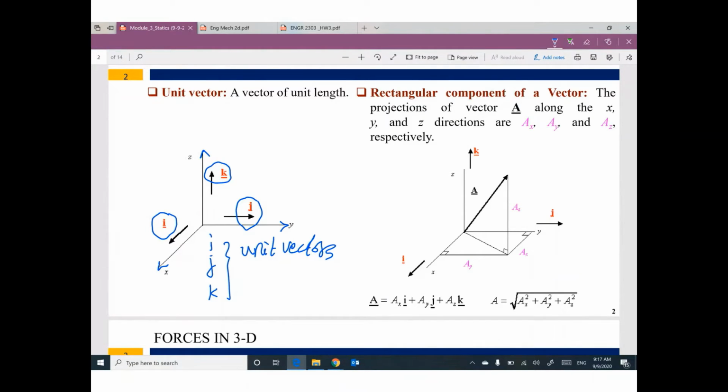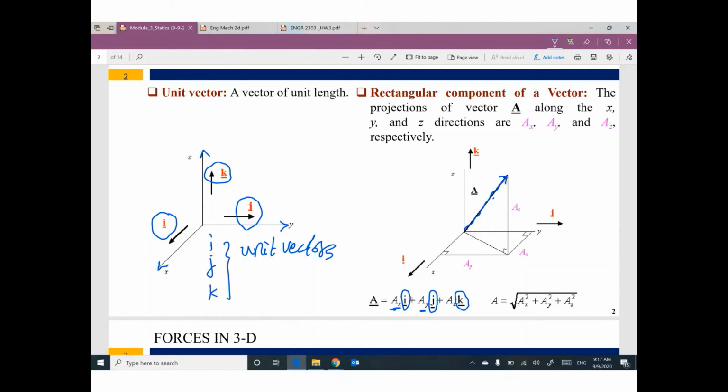So if you have a force called A or F, whatever, this force will have three components. One called Ax in the X direction, which I multiply by unit vector i. We have a component in the Y direction called Ay, multiplied by the j unit vector. And the third component Az is multiplied by k as the unit vector in the Z direction.